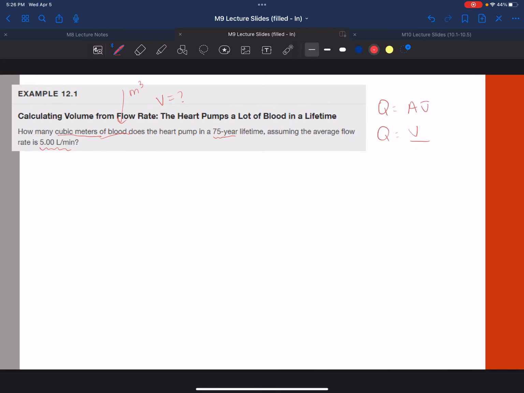So if we consider the information we've been given and the information we want, we're definitely going to have to use this second equation. So let's go ahead and figure out, I don't really want to convert the flow rate into liters per year. Instead, I'm just going to convert 75 years into minutes so that I have matching units of time. So 75 years.